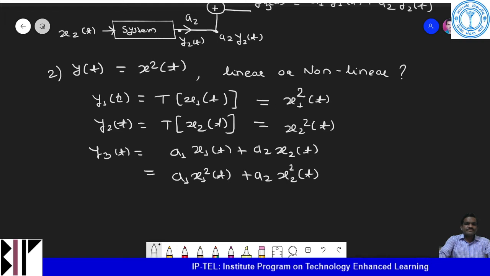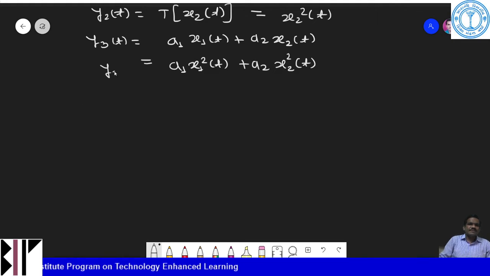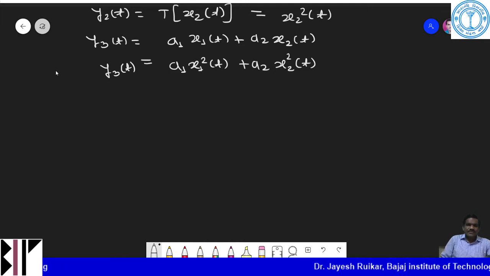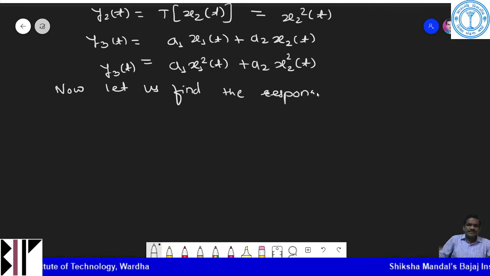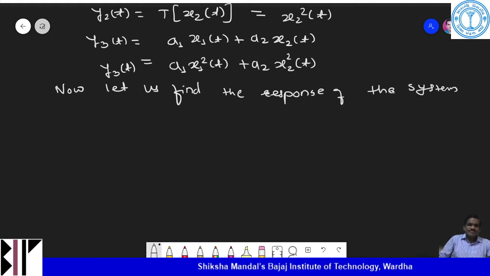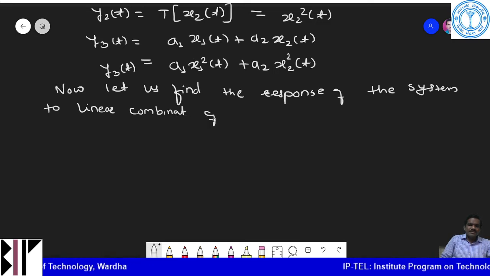Now we got y3 of t, which is nothing but a1 x1 square of t plus a2 x2 square of t. Now let us find the response of the system to a linear combination of inputs.